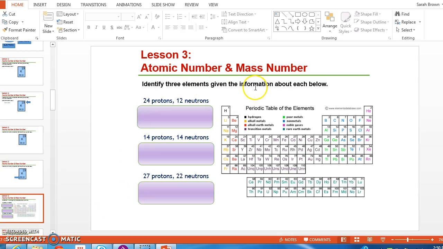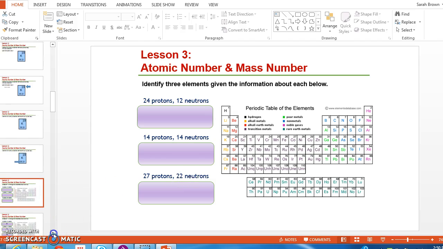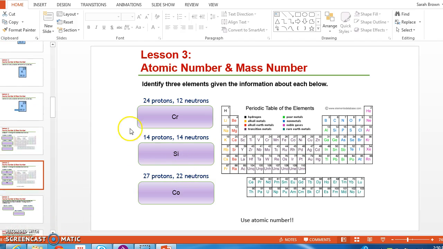Identify 3 elements given the information about each below. The element that has 24 protons and 12 neutrons, 14 protons and 14 neutrons, 27 protons and 22 neutrons. Chromium has 24 protons.